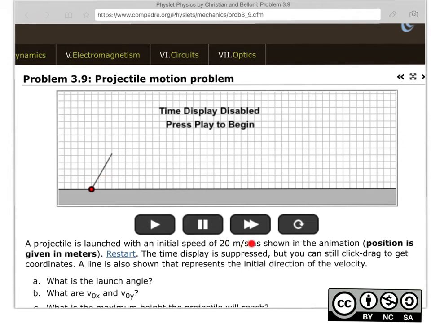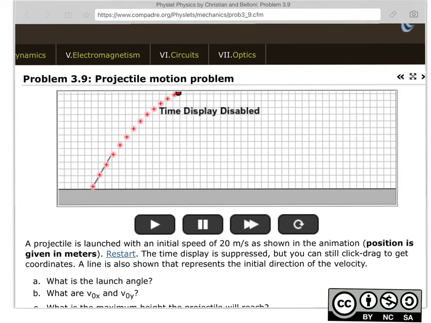Once you have the angle, you can use sine and cosine to get the components, and once you have the components, you can use your kinematics equations to calculate the maximum height, because if you play it, you'll see that it goes off the screen.